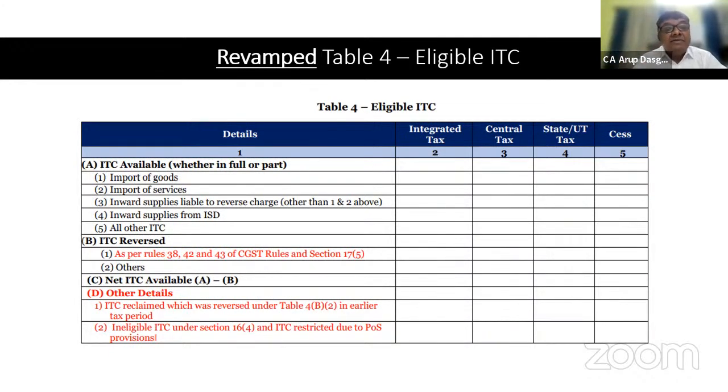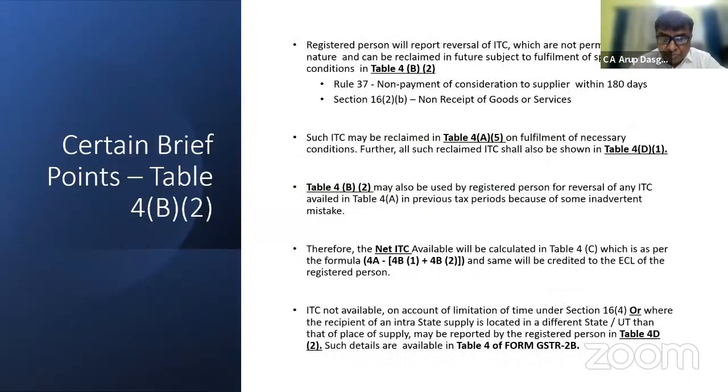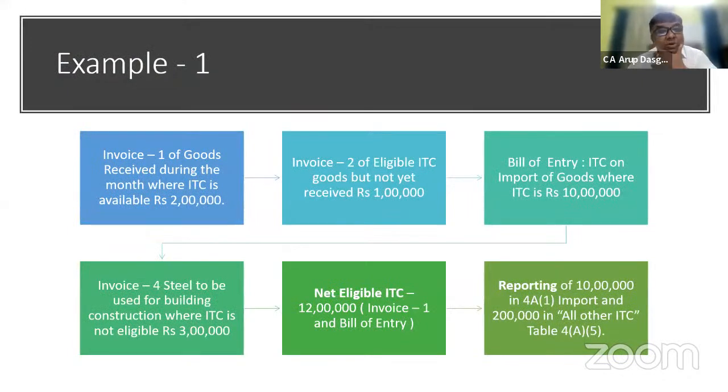Now in the next month I have availed it under all other ITC. So what is that amount? That will be clear from D1. And what is the amount that I am not claiming for 16(4)? That will be clear from D2. So I'll just quickly take you through an example. Here, Invoice 1 is there wherein 2 lakhs is the credit available.